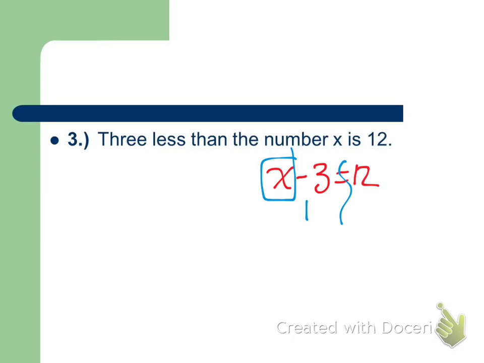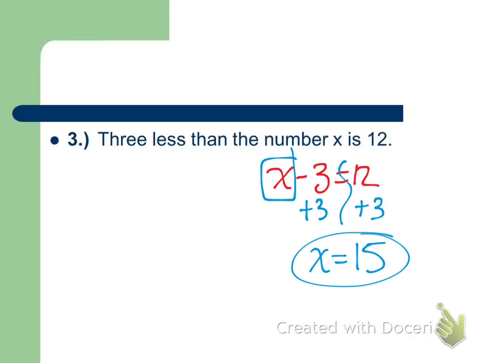Add 3 to both sides. That ends up giving us x equals, anybody? 15. Subtraction order matters, so be careful. If you did not have this written down correctly, make sure you get it corrected.